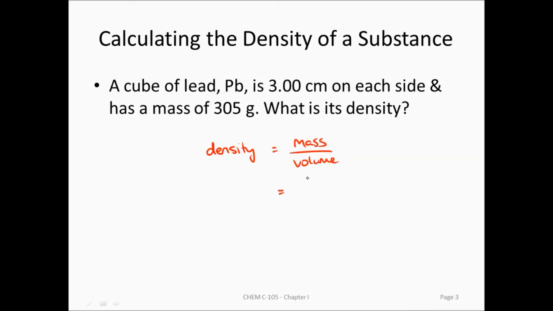So mass is 305 grams, and the volume of this cube would be length cubed. So therefore this is 3.00 centimeters cubed, and as a result it is 11.3 grams per cubic centimeter.